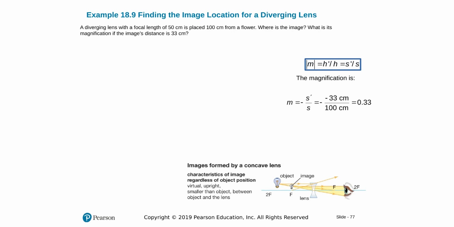Alright, this question here: a divergent lens of focal length 50 centimeters is placed 100 centimeters from a flower. Let's try to imitate that situation. I'm going to draw an optical axis and then try to draw a divergent lens.